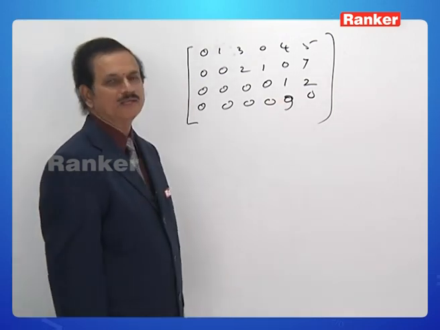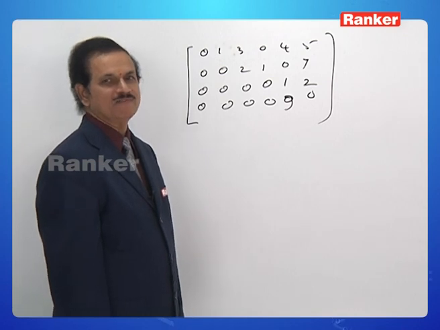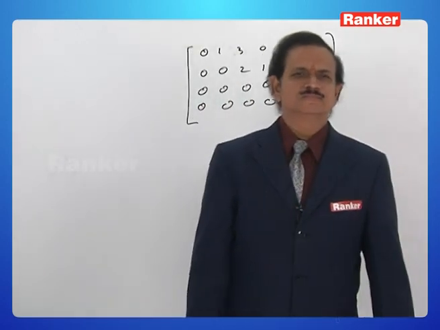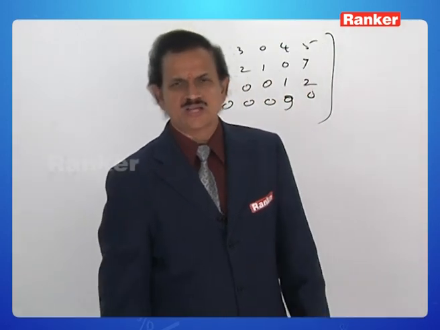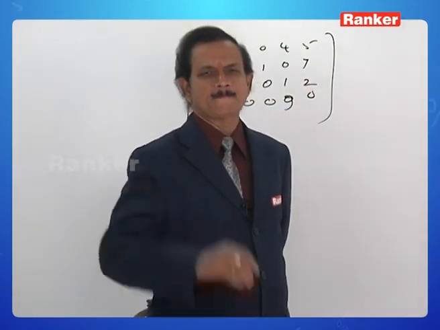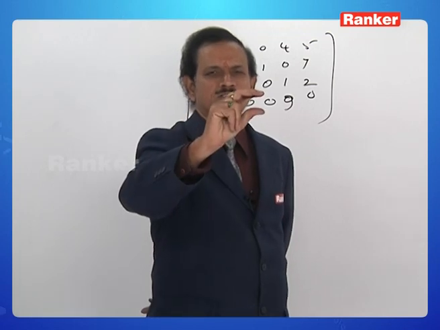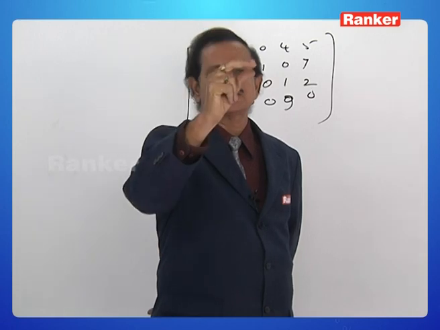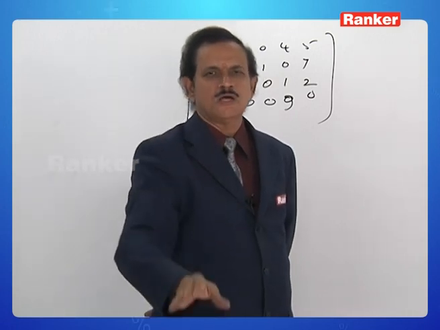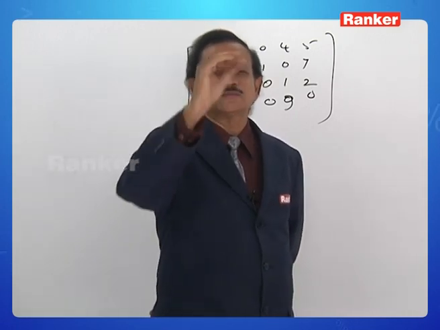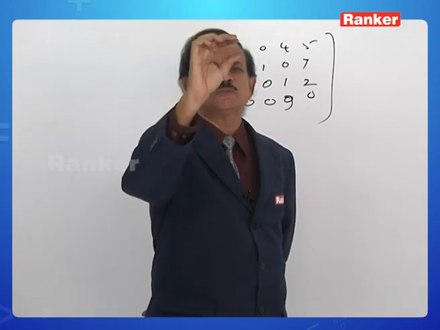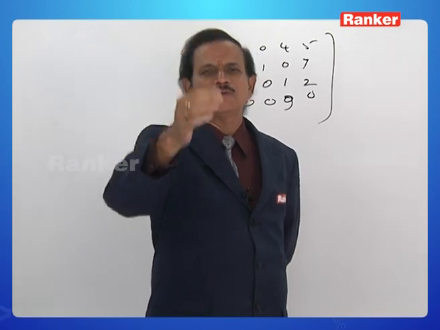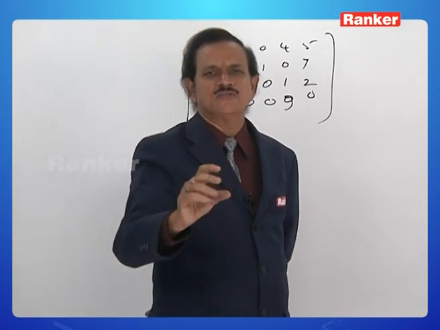I think you could have observed the two rules. In short, to say it in a brief way: all the entries below the 1/1th place are zeros, all the entries below the 2/2th place are 0, all the entries below the 3/3th place are 0.